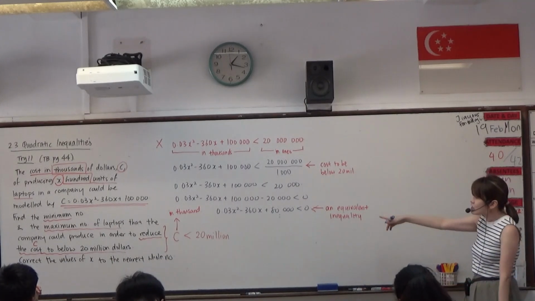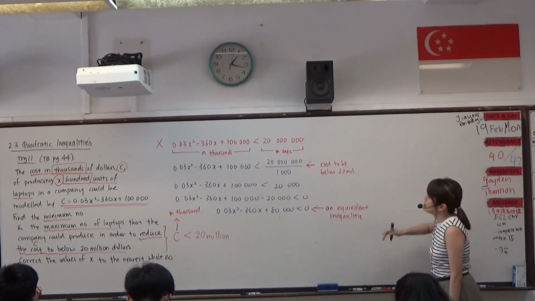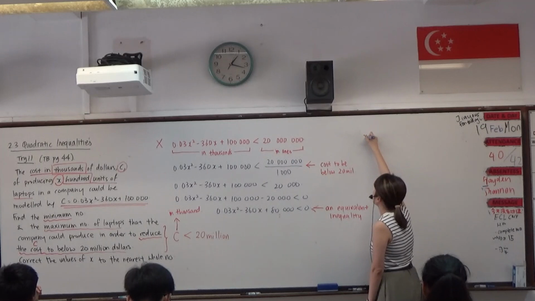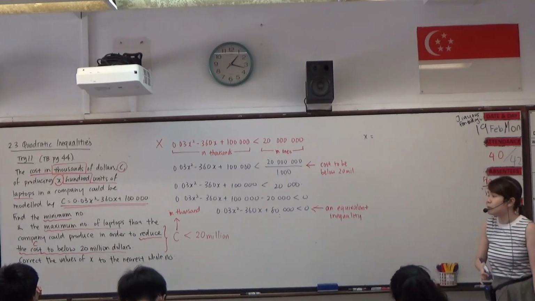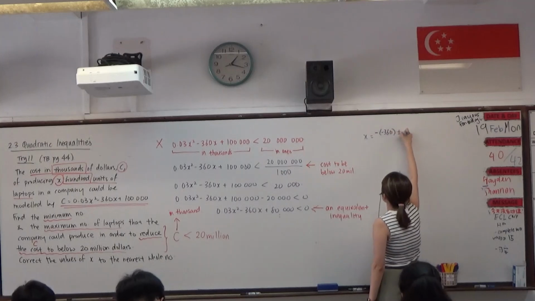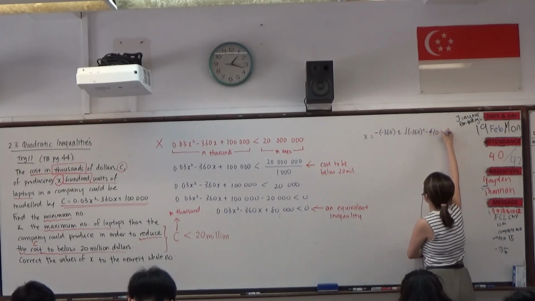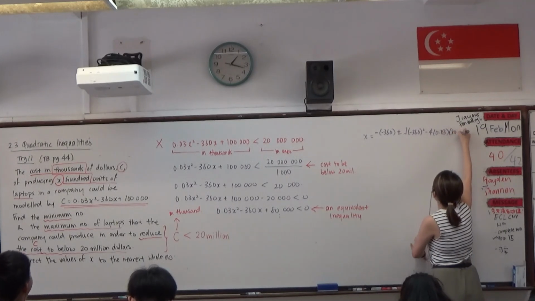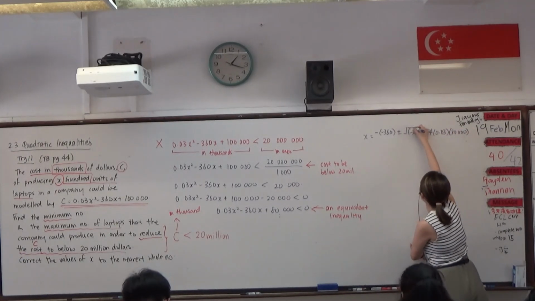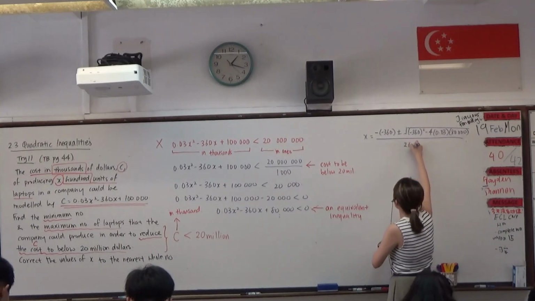So with such large numbers and also a very small coefficient over here, what we will do is to just solve it by looking at the quadratic formula. Right, so negative b plus minus square root of b squared minus 4ac, divided by 2a.